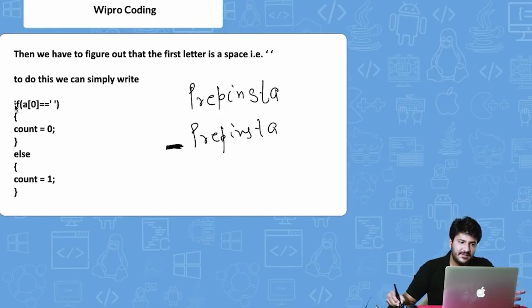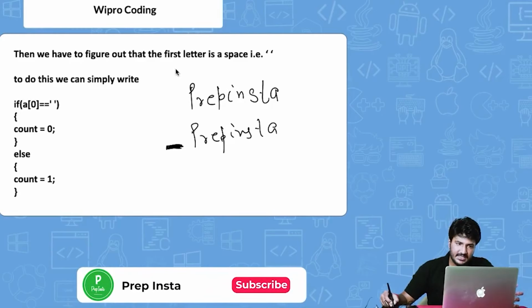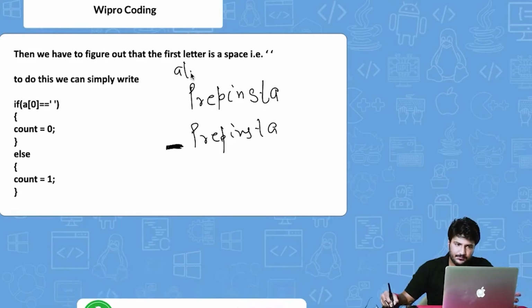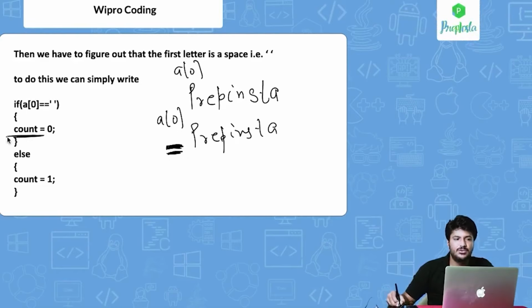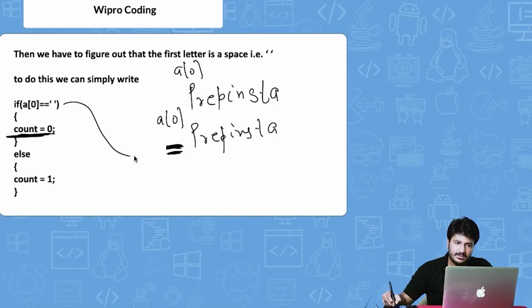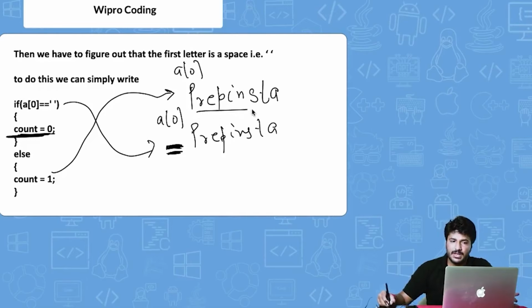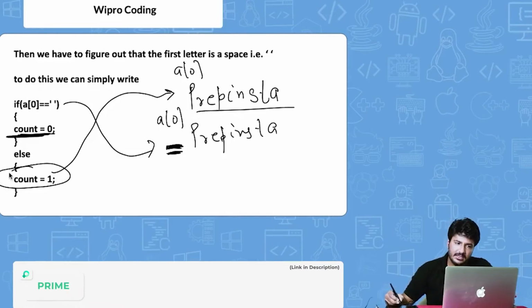If a of 0 is a blank space, in that case keep the count 0. Otherwise, the first word is starting, and for the whole Prepinsta word we have already declared the count to be 1.